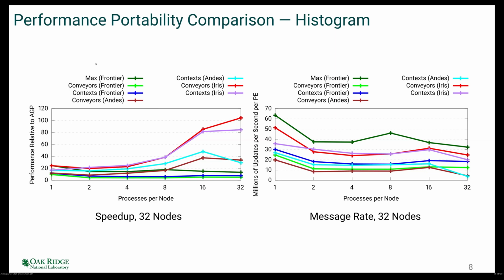But if we look at the raw message rate, while there's some differences, the big thing that we're actually really seeing is that the raw performance of the non-aggregated approach has been improving as well. So the gap is shrinking, but nonetheless, the gains are still, as we saw, pretty substantial.